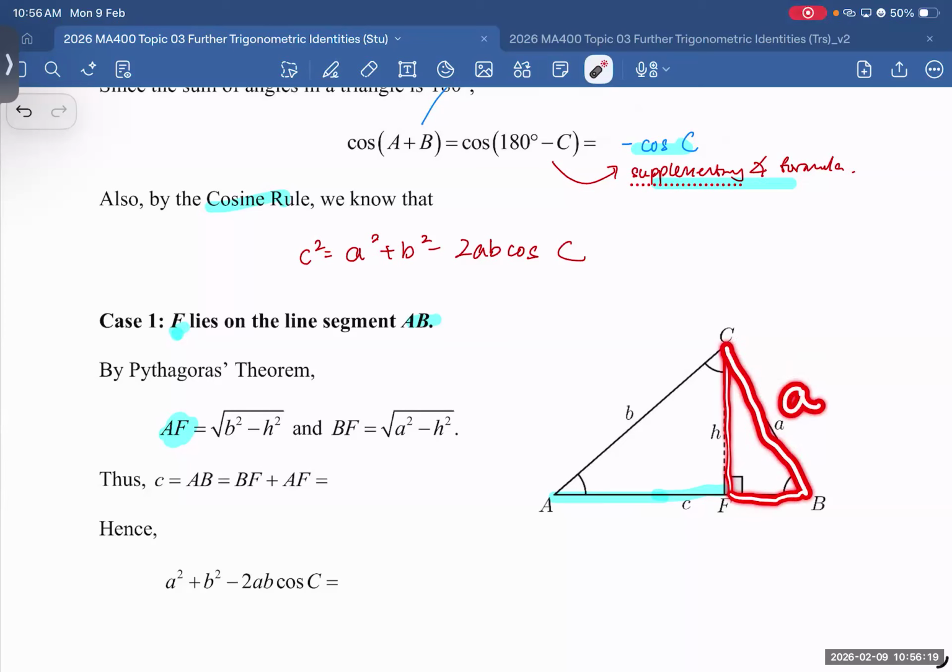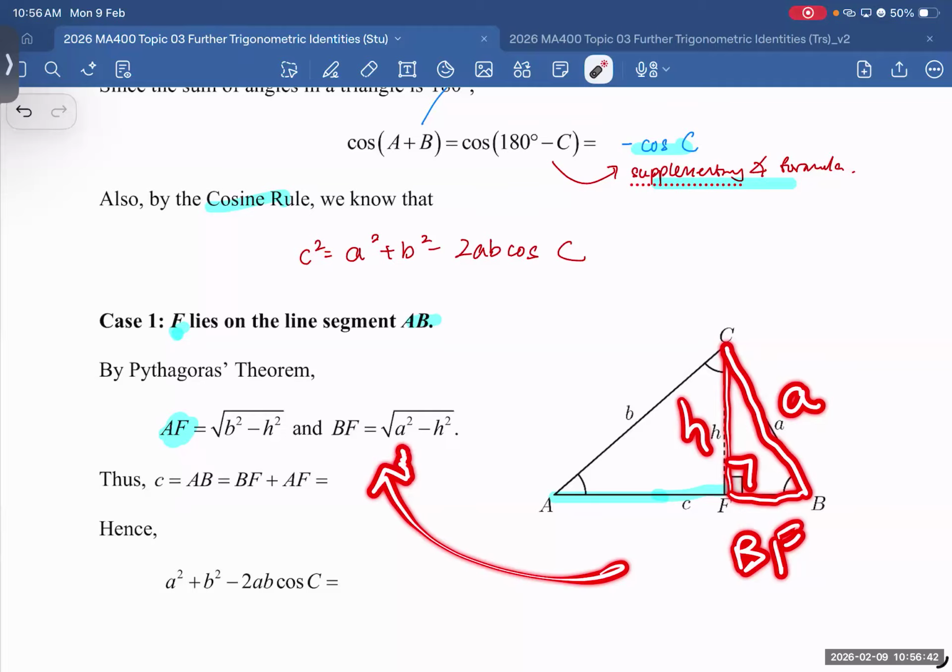So BF over here, can I say by the Pythagoras theorem, is that comfortable? Pythagoras from J2. I'm not expecting you to know, but I'm expecting you to remember where I told you it's from.